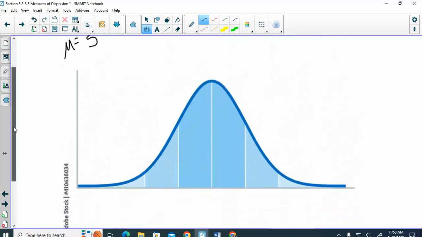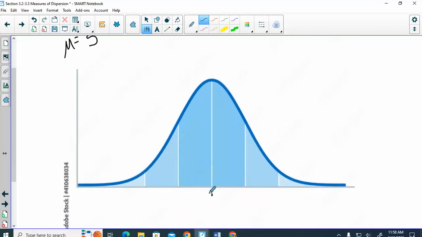Did you guys fill in the numbers on this to help you? So the mean's 84, so to get your standard deviation above, you add the 5. And below you would subtract it.